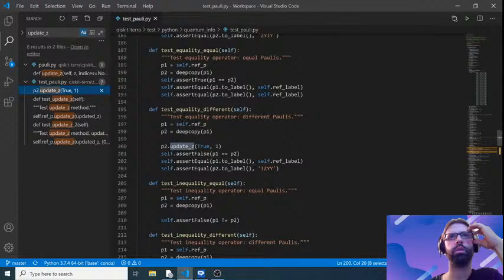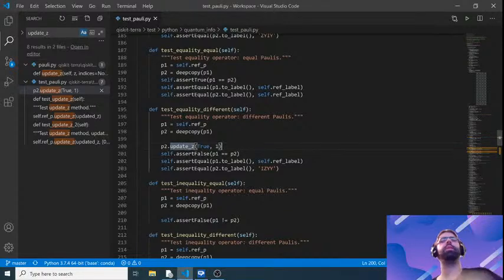Test equality operator, different Paulis. Or is it just a helping function for testing stuff? No, that's deep copy. What does it say updates it for?